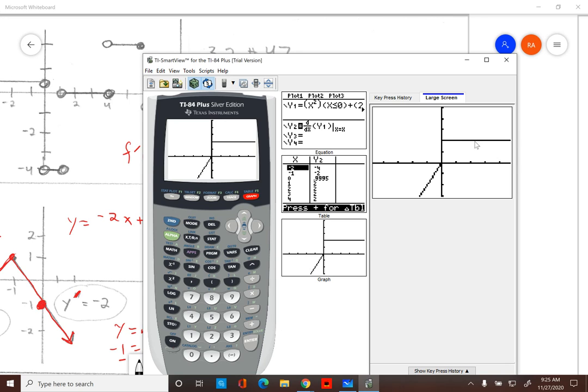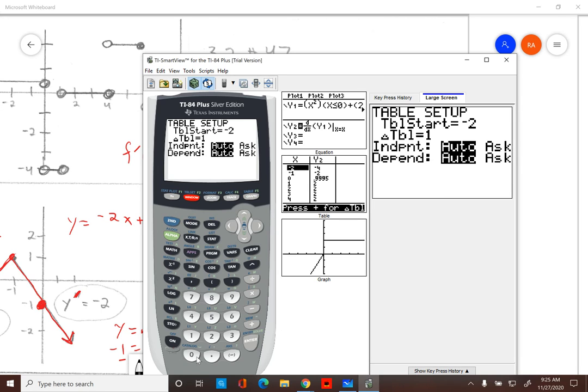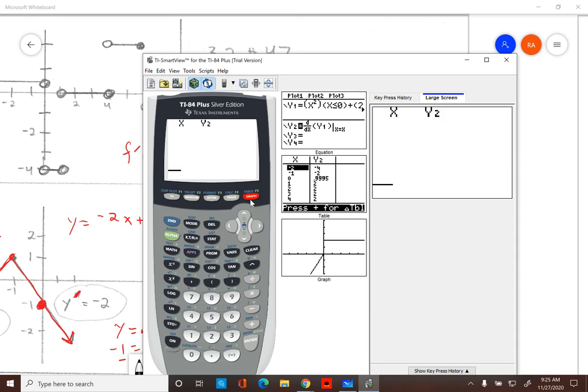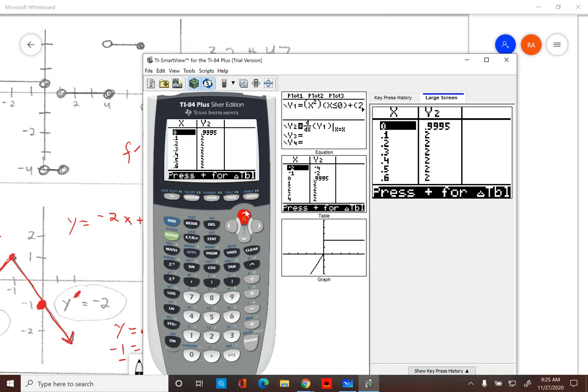So it wants us to check what the function values are at negative 0.1 and 0.1. I'm just going to use my table for that. You can use your trace function, but I'm just going to do this and then do 0.1s. And if you notice, again, at the corner, remember corners are bad. The calculators are really bad about finding function or derivative values at corners.